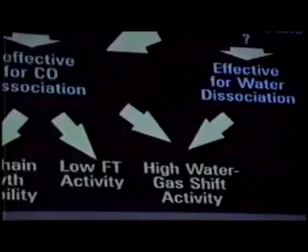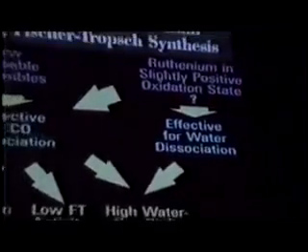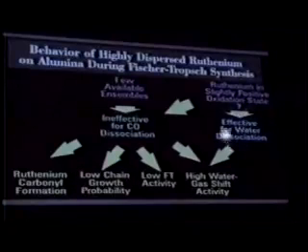Now, if indeed ruthenium is in a slightly positive oxidation state, as the XPS experiment suggests, then this would also imply that the highly dispersed ruthenium would be ineffective for CO dissociation, because CO dissociation requires electron-rich metals. Slightly positive oxidation state would imply also that water dissociation is enhanced.